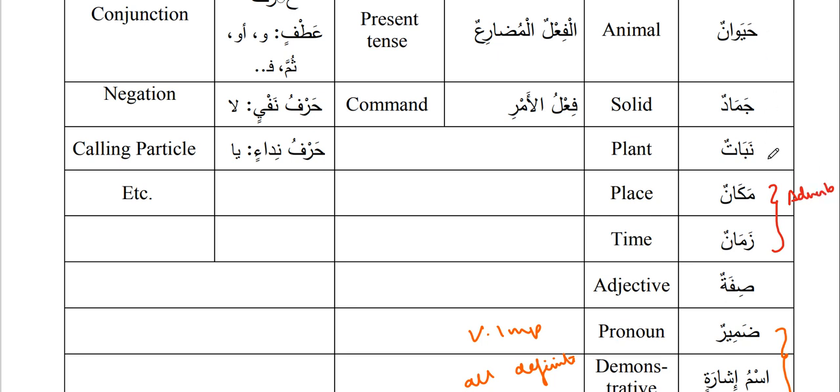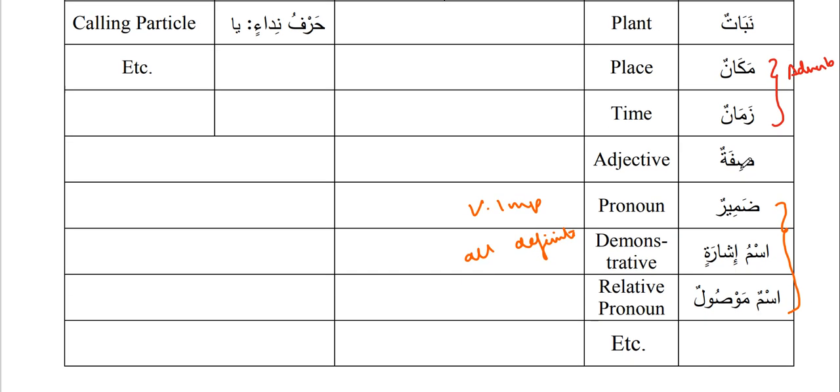And then sifa, that is also a noun, but comes for describing things. And yes, this is very important. As you can see, the dhamir, the pronoun, and the demonstrative pronoun, for example, hadha, hadhihi, tilka, and dhalika, you must have seen all these words. All these are ismul isharah.